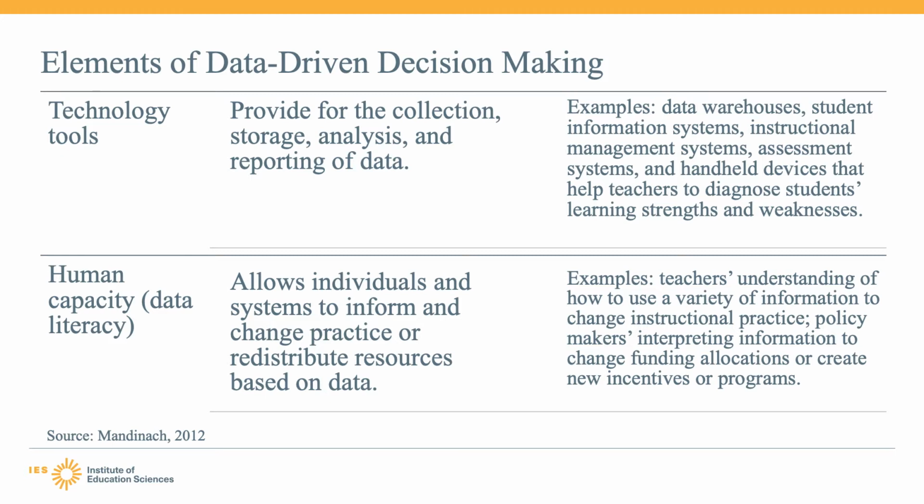That is habits of mind and culture, understanding about how to use information to inform practice for decision-making. Being able to use information to ensure that policies or legislation is shaped and informed by evidence. So really, those are the two main elements of data-driven decision-making. Of course, each one is complicated in itself.